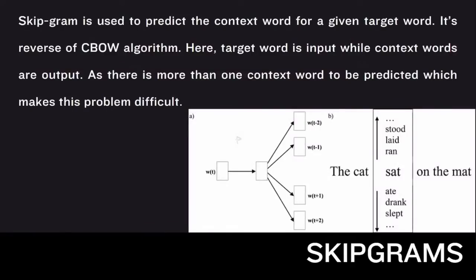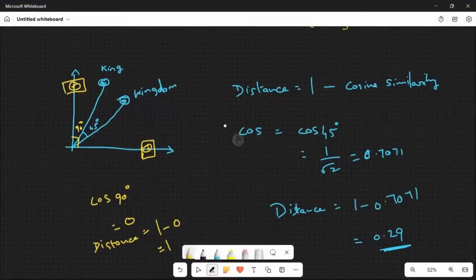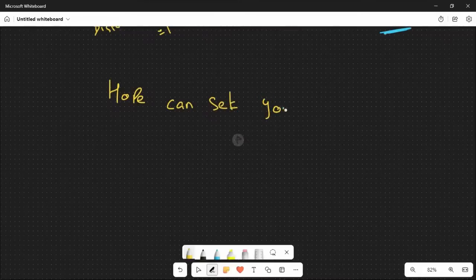Before going to skipgrams, let us see some visualization on the whiteboard of our CBOW, or continuous bag of words. It is like this only. Let us see, for example, hope can set you free. Once again, for each word you will be representing the vector and you will train. Let us write, for example, hope can set you free.